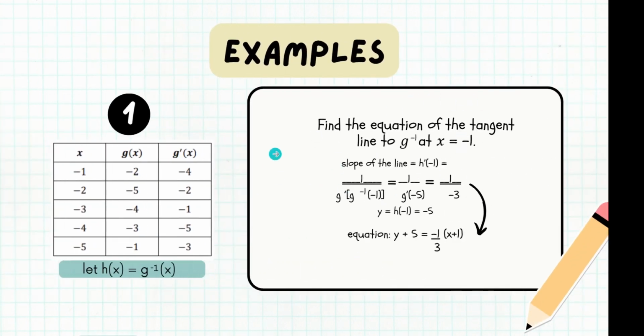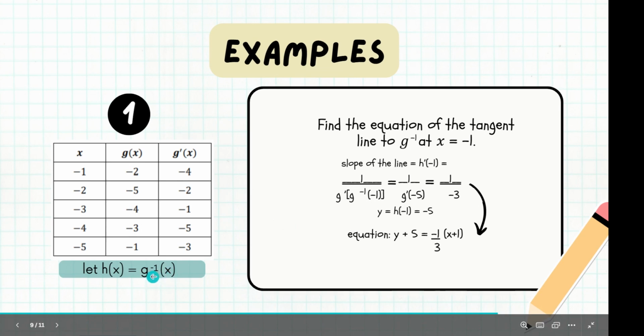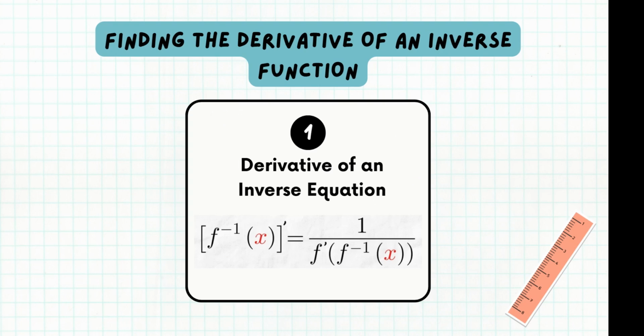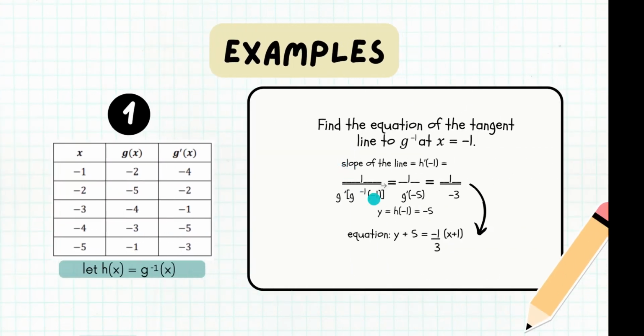So I'm first going to do this example right here, where we have this graph and we're trying to find the equation of the tangent line at x equals negative 1. So to find the slope, we have to do the inverse of g of x, or h of x, because h of x is equal to the inverse of g of x, and by substituting the value x equals negative 1 into this equation right here, we get this equation.